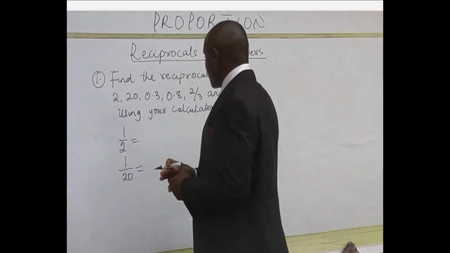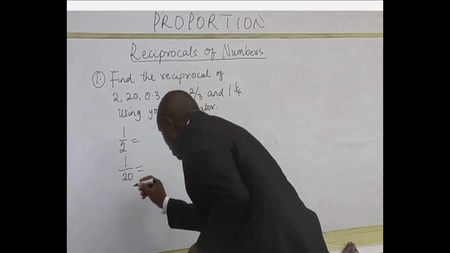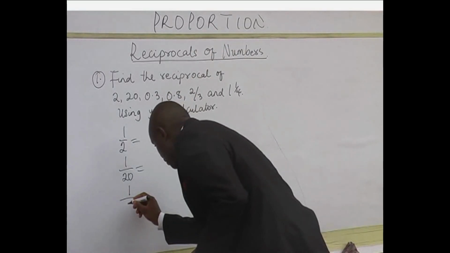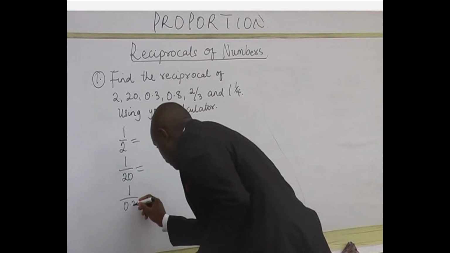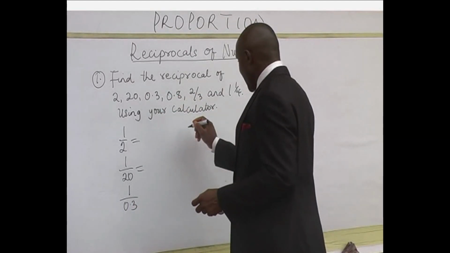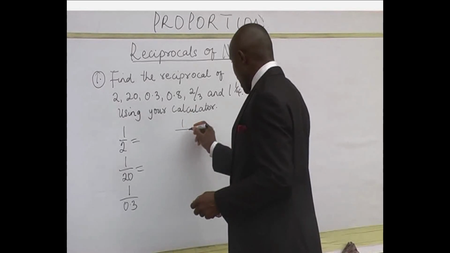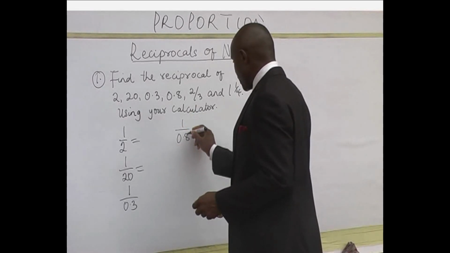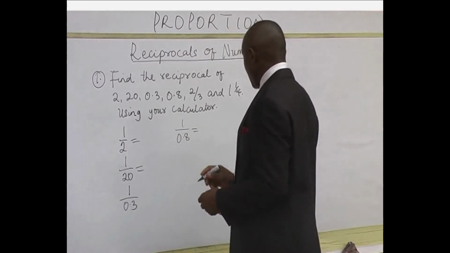The next is 0.3. Its reciprocal is using it to divide 1. The next is 0.8. Its reciprocal is 1 all over 0.8. It will give a value.